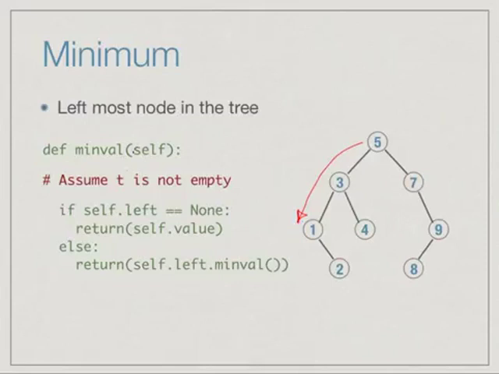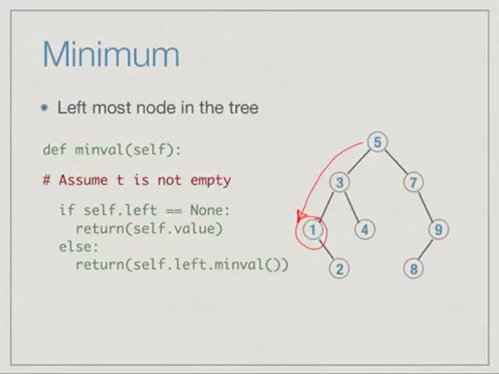So we will always apply this function only when the tree is non-empty. So let's assume that we are looking for the minimum value in a non-empty tree. Well, we follow the leftmost path. If I cannot go further left, then I have found it. So in this case, if I reach 1, since I can't go further left, 1 is the minimum value. Otherwise, if I can go left, then I will go one more step.